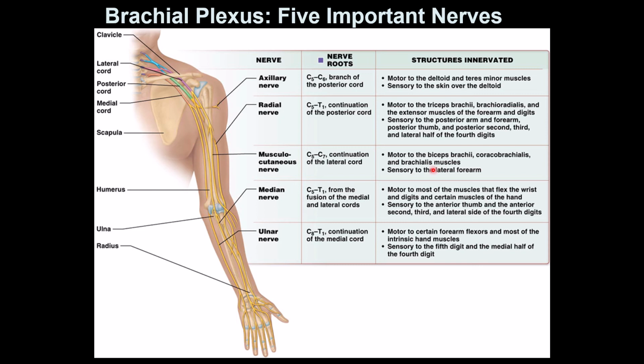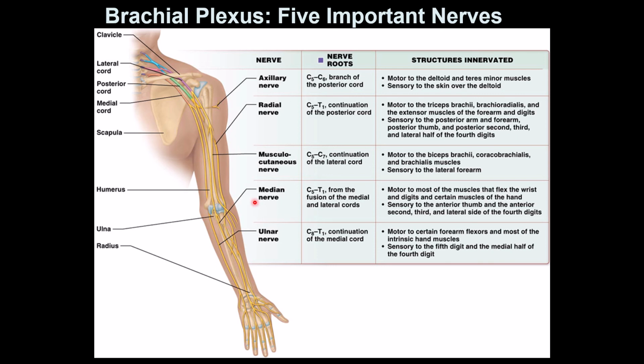So biceps brachii and brachialis cause flexion of the elbow. So it's affecting both joints, but musculocutaneous is mainly for flexion of the elbow. Also it supplies the skin of the lateral part of the forearm.